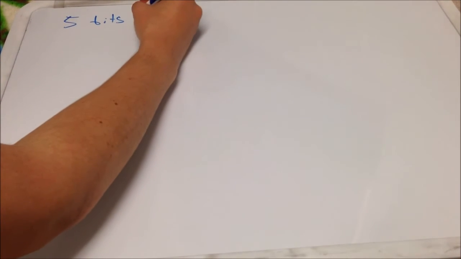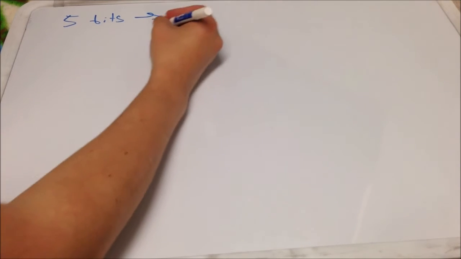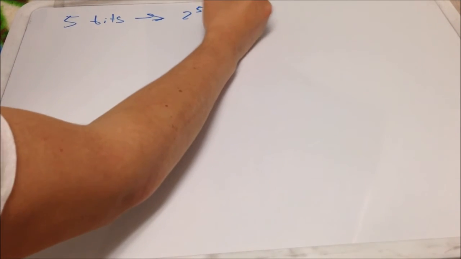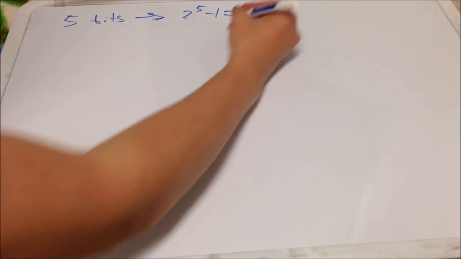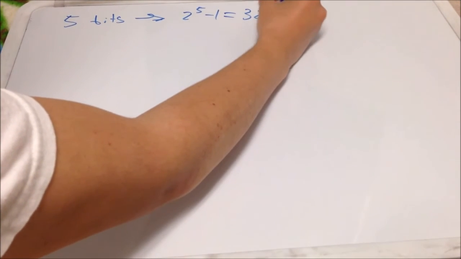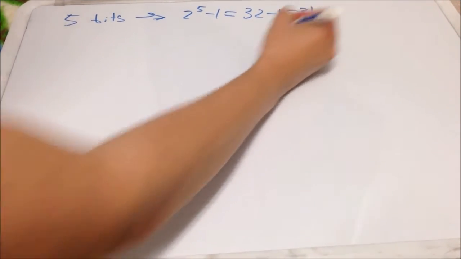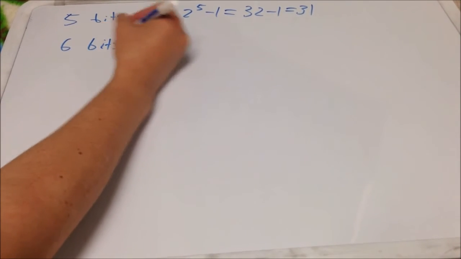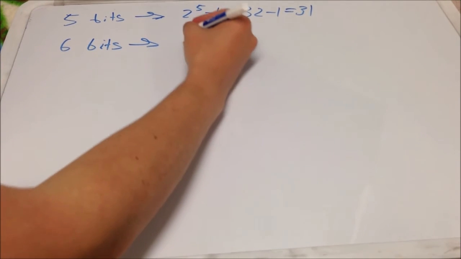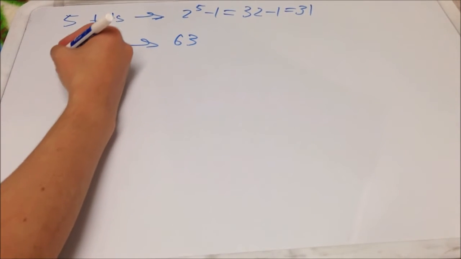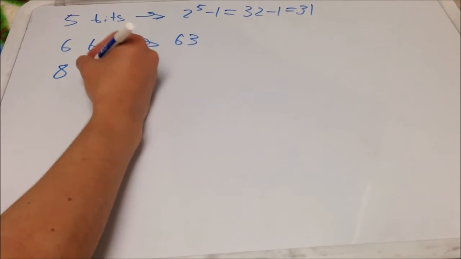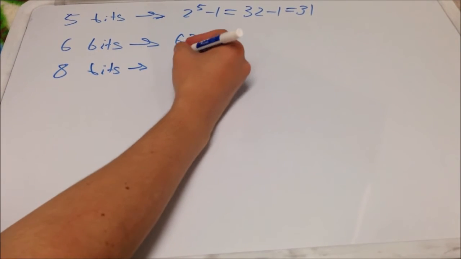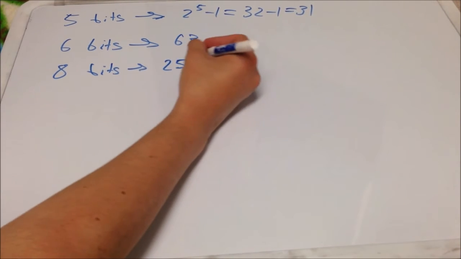So for 5 bits, we can go up to 2 to the 5th power minus 1, and that's going to be 32 minus 1. It's going to be equal to 31. That's the highest number we can represent. 6 bits would be equal to 63. 8 bits would be 255.